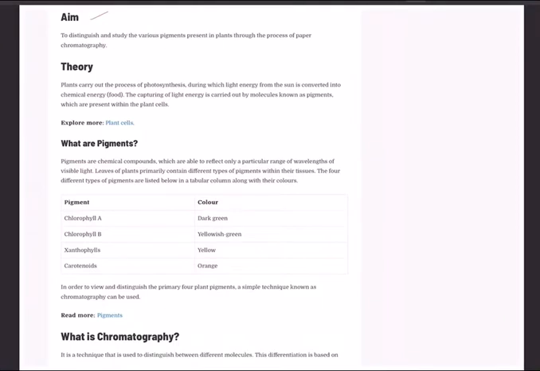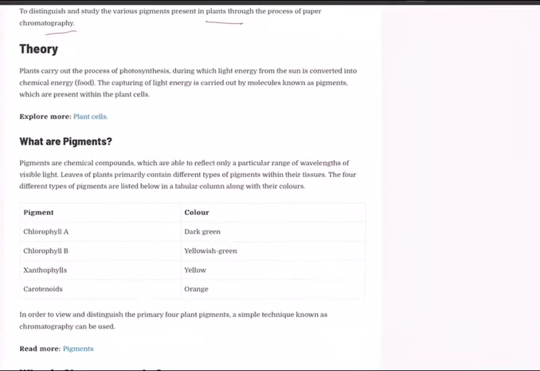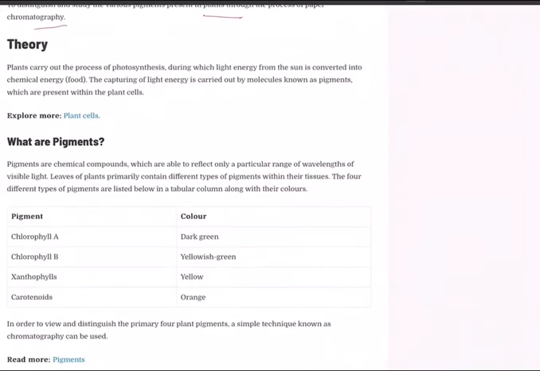So the aim is to separate the various pigments, the coloring substances present in plants, and to distinguish and study them through the process of paper chromatography.